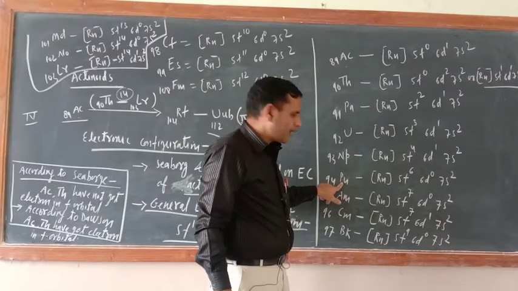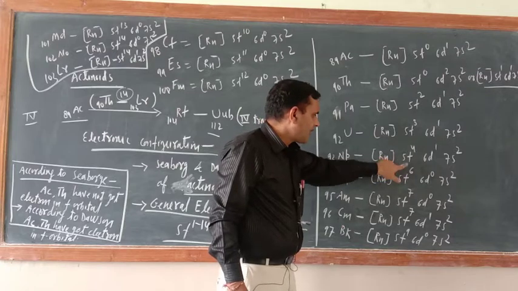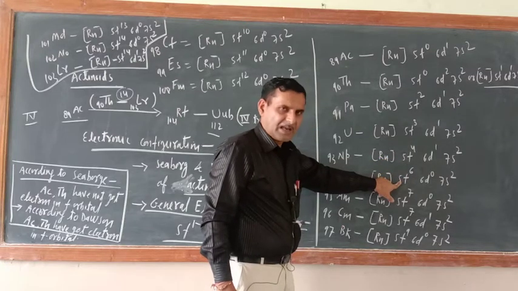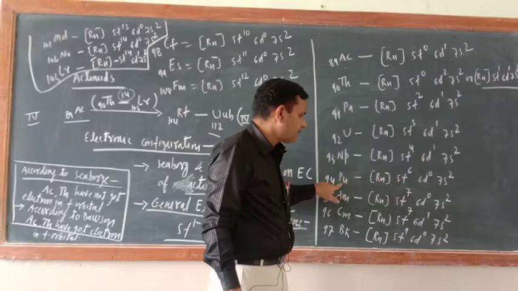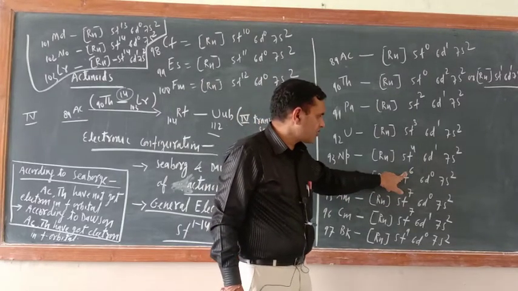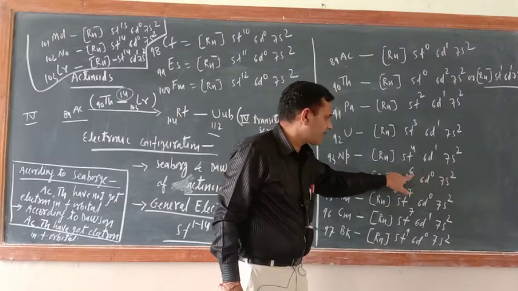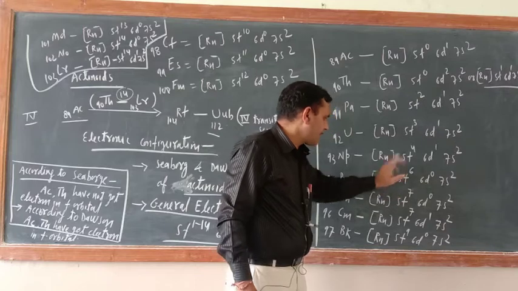Now plutonium. In 5f, 5 electrons should have been in the case of plutonium. But the 5th electron is not there. Actually here the 5th should have been. Now 1 electron of 6d will come here, so it will become 5f6.